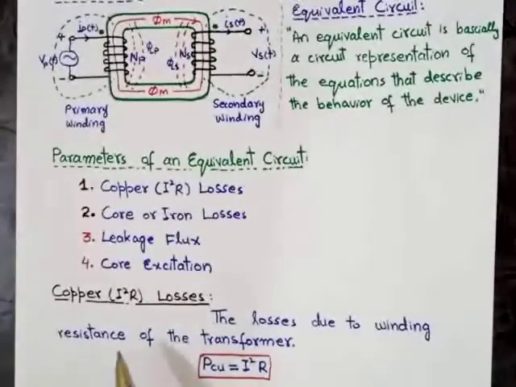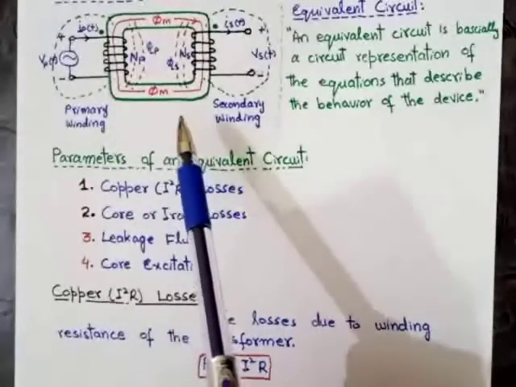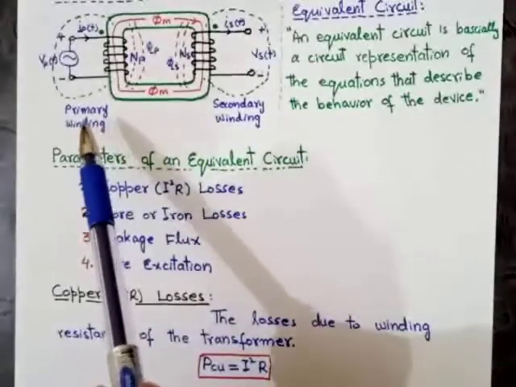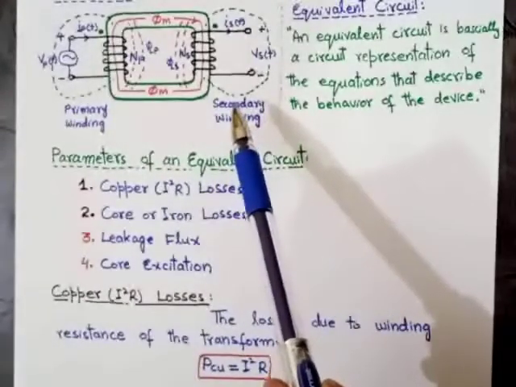The first type of loss is called copper or I2R losses. Copper losses are basically due to the winding resistance of the transformer. As you can see in this figure, there are two main windings, the primary winding and the secondary winding.